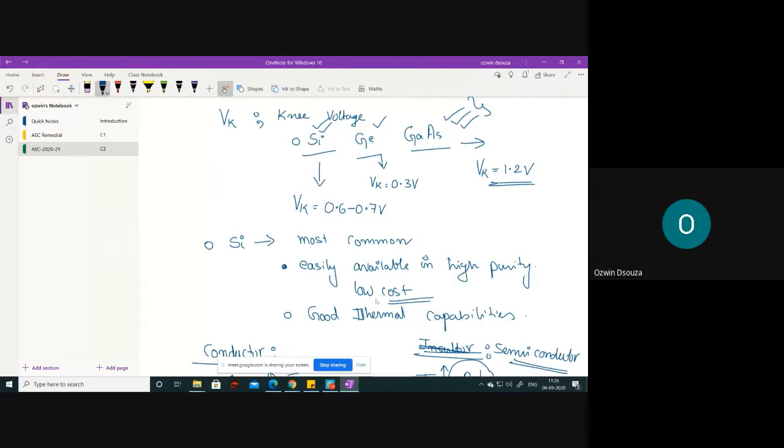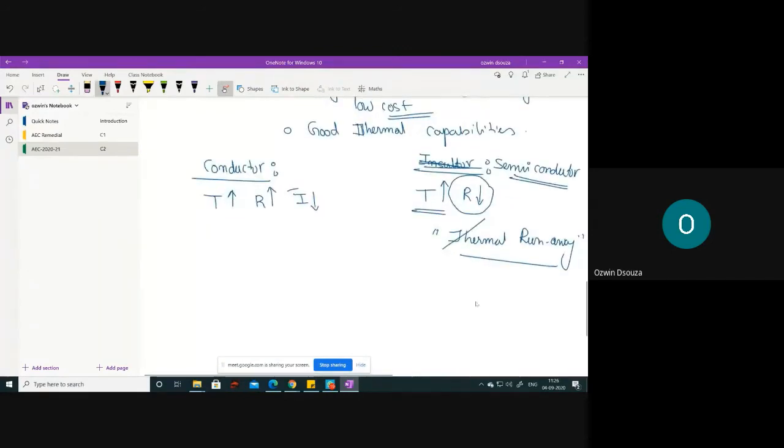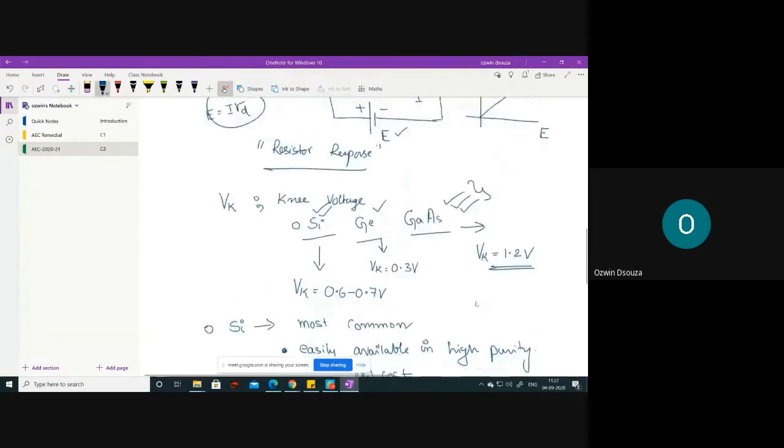That's the reason we normally don't find any semiconductor device made of gallium arsenide, simply because of the high material cost and high processing cost. But in time to come, probably gallium arsenide will replace silicon, because it has the best temperature handling capability. All right, fine.